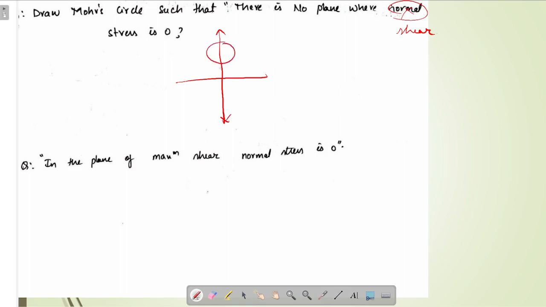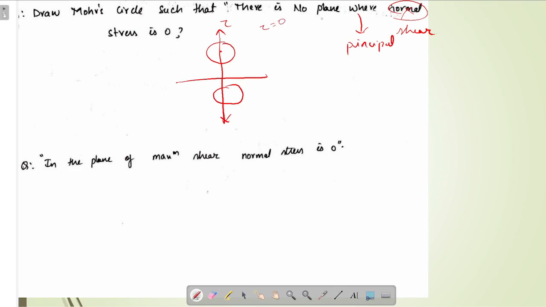Now as shear stress is in y direction, in order to have a plane such that there is no shear stress, we can draw it on y direction, like with y axis as center. Now if we observe this condition, they are indirectly saying there is no principal plane, because there is no plane such that there is zero shear stress.